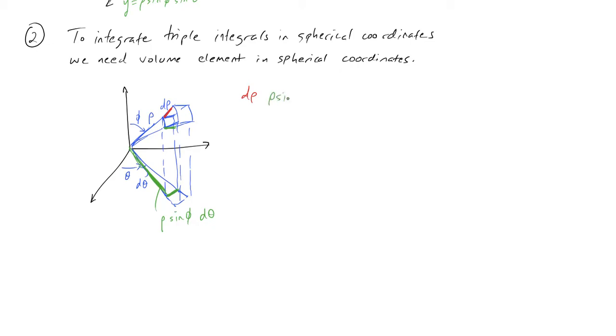So rho sine phi d theta is this little green length. And then last but not least, we have this, which is rho times d phi. Change in angle times radius gives us arc length.